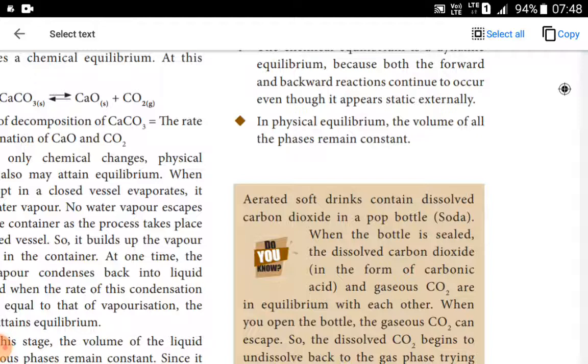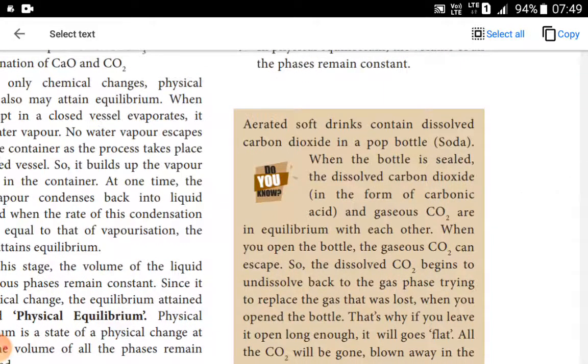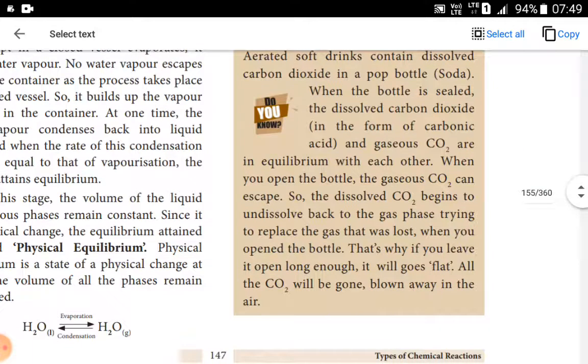When we open the bottle, the gaseous carbon dioxide tries to escape, but the dissolved carbon dioxide begins to come back out to the gas phase, trying to replace the gas that was lost when we opened it. That's why if you leave the bottle open for a long time, it goes flat, because of the evolution of carbon dioxide. The carbon dioxide is released and blown away in the air.